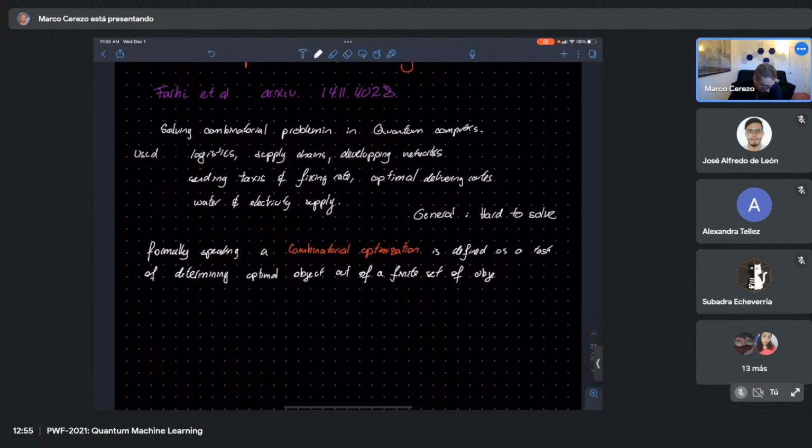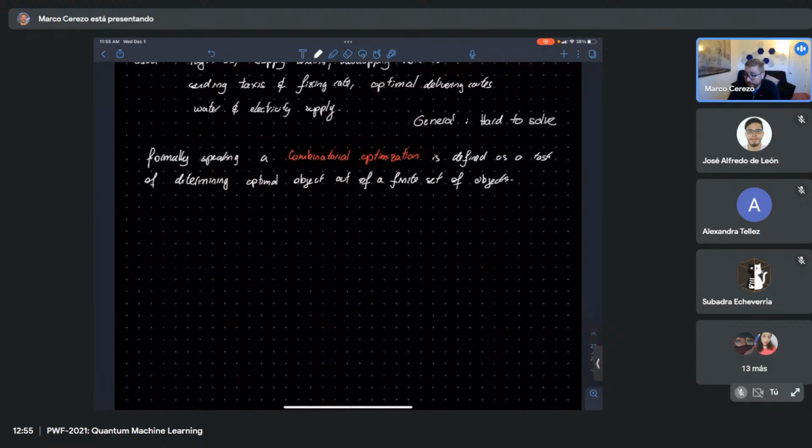Here, more specifically, and just to simplify our life, we will focus on the problem where we want to find an optimal bit string.